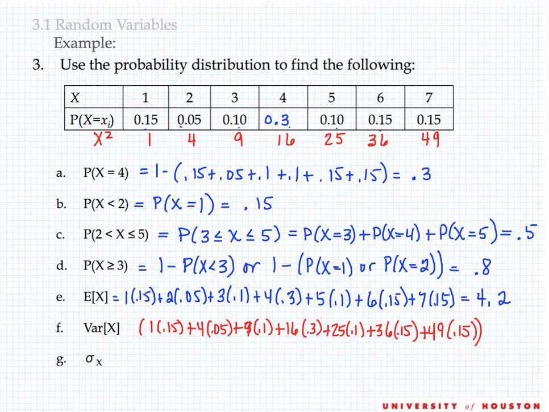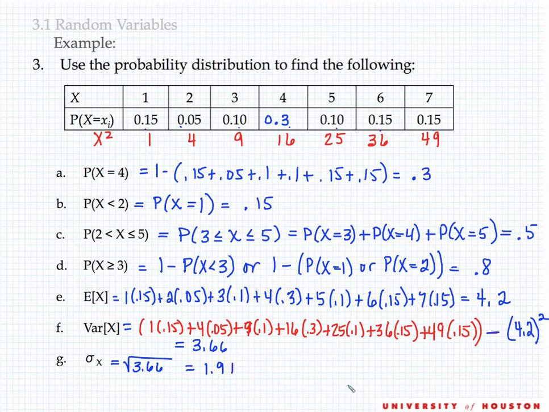Then we will subtract from that our expected value of x, squared. And this gives me 3.66. The standard deviation will be the square root of 3.66, which is approximately 1.91.